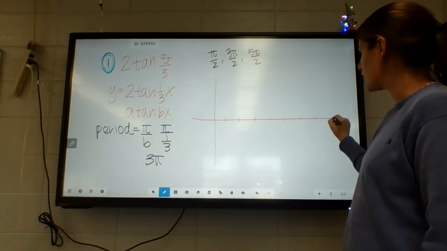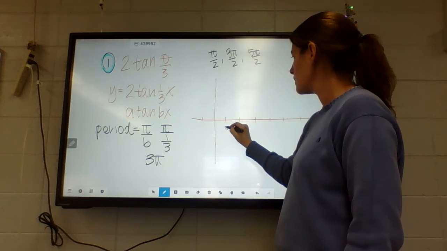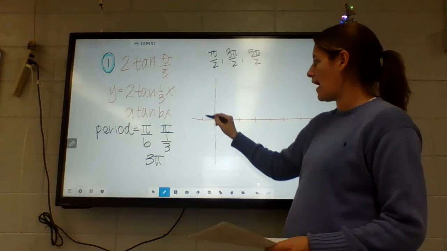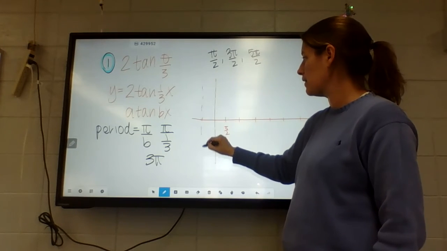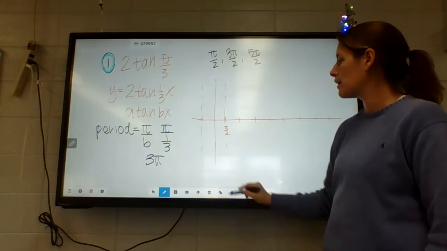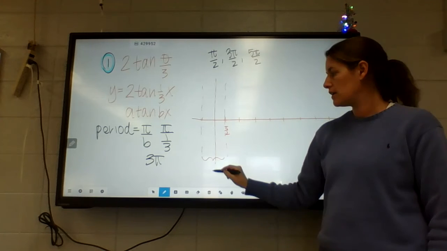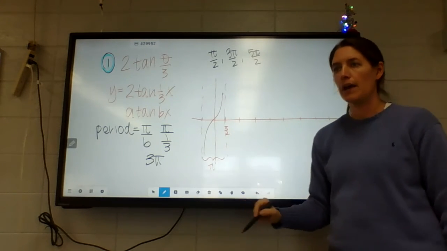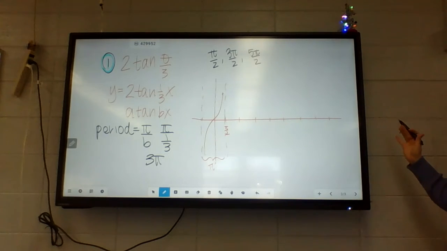Let's just think for a second. Why can't they be on the halves? Because if they were still in the halves, let me show you that, the period is only pi long. We need it to be 3 pi.